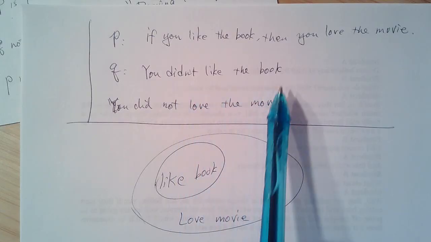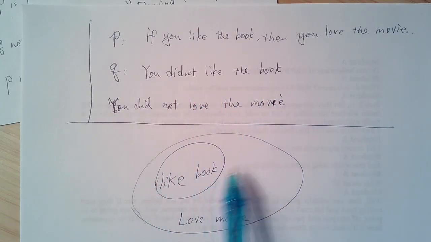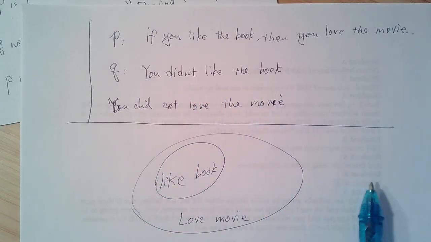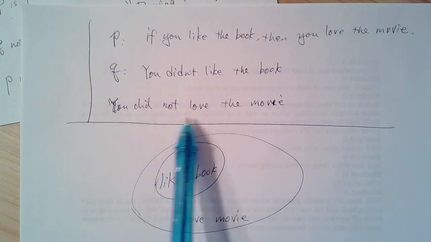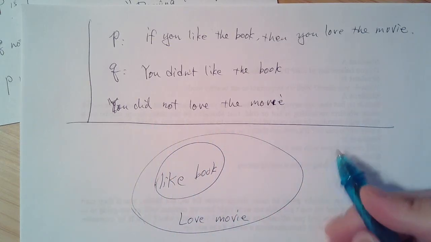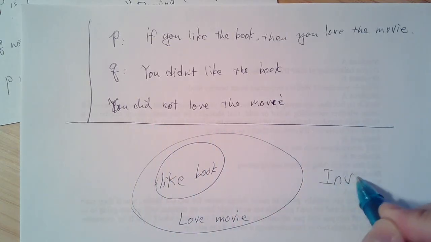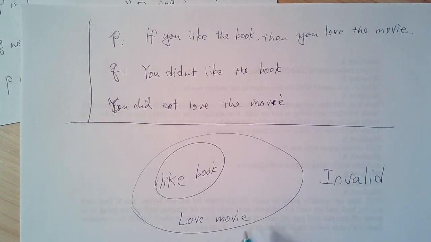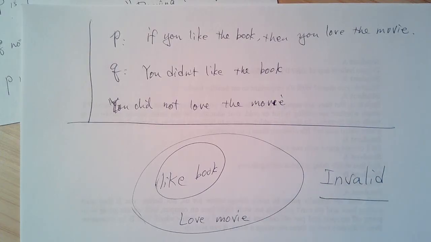You did not like the book, which means you're not here, so you're outside. And the conclusion, they tell you that you did not love the movie. That's invalid. Because you do not like the book, but they still might love the movie. Or you do not like the book, you don't love the movie, right? So this is an invalid statement.